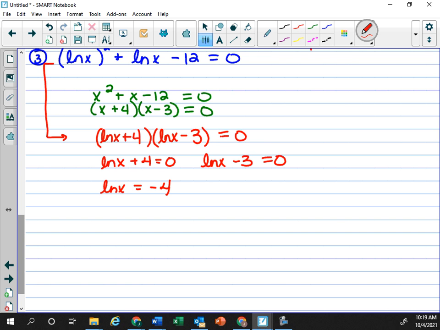Okay, now we're back to what we were doing last week. Can you write that in exponential form? What's the base, because it's natural log? E, good. Remember, natural log is always base E. What's the exponent? -4, and it will equal x. Okay, there's one of your answers.